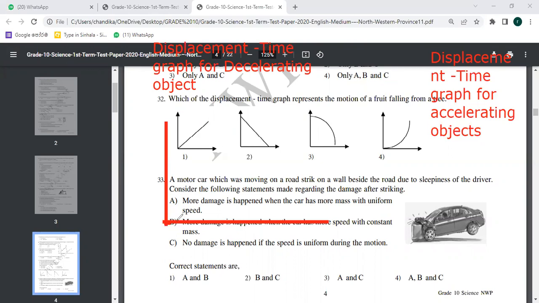It has to be something like this. Like this you draw, okay? You draw it like that, okay?